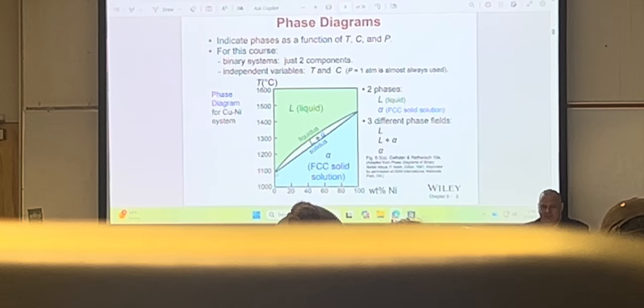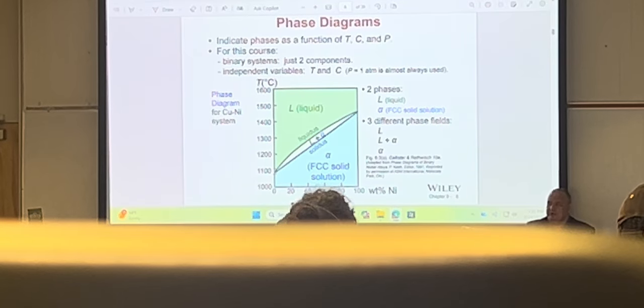Okay, so what you see here is something very interesting. What is this 1100 degrees C? What's the physical meaning of that? We had solid here and we have liquid here. What is that called? It's the melting temperature.